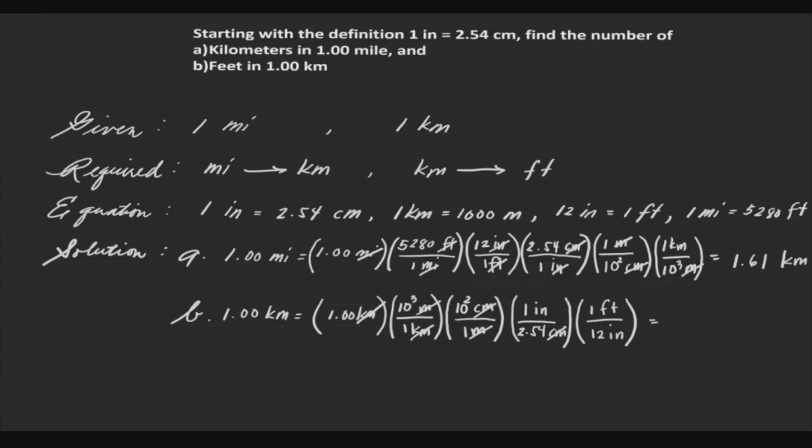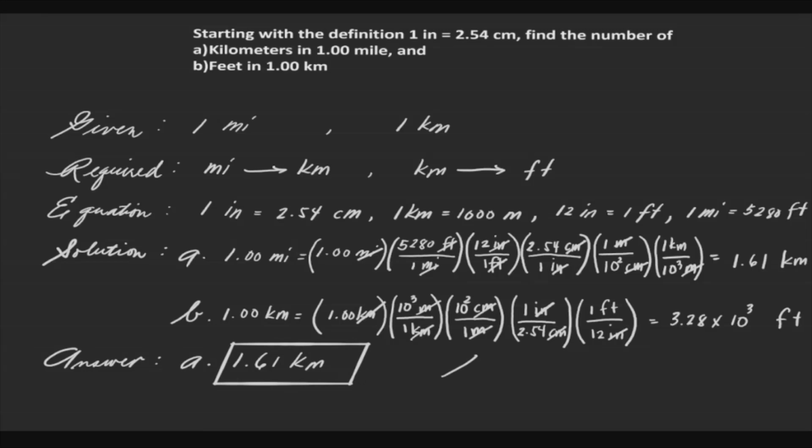And lastly, multiply the answer to 1 foot divided by 12 inches. We cancel out inches. We are left with the unit feet and the answer is 3.28 times 10 to the power of 3 feet. Final answer, A, we have 1.61 kilometers and B, 3.28 times 10 to the power of 3 feet.